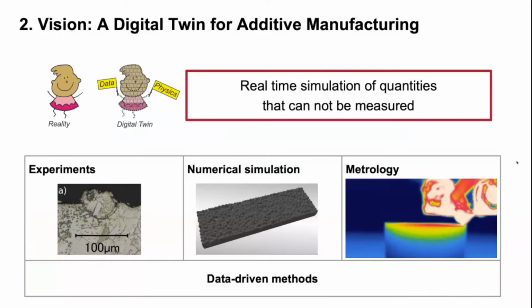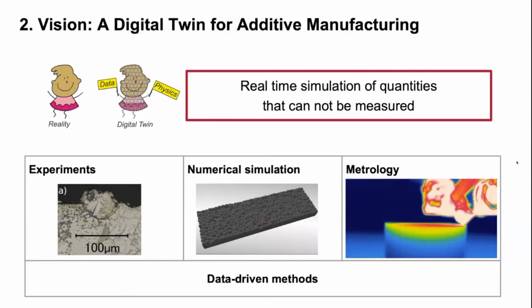The goal is to simulate quantities in real time, or to simulate quantities based on measurement data that we cannot basically measure. We can measure the temperature, but we cannot measure the microstructure. But the microstructure is basically what interests us in the sense of process monitoring.